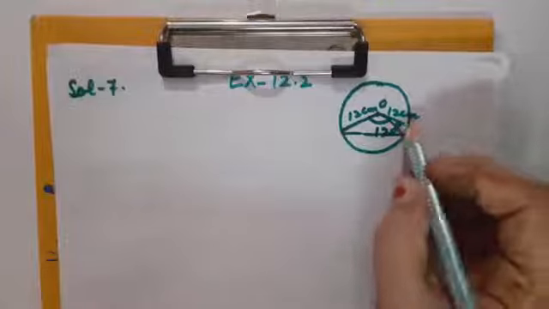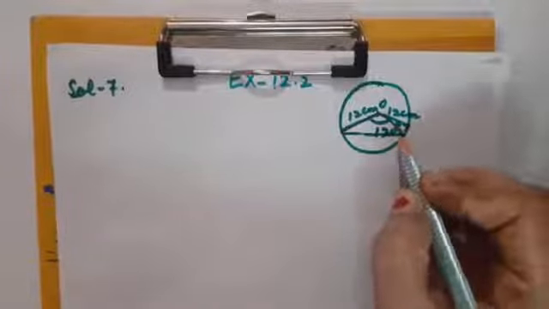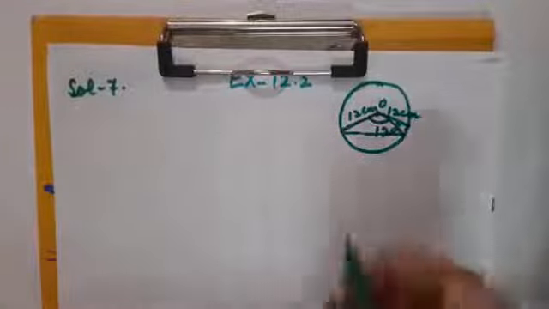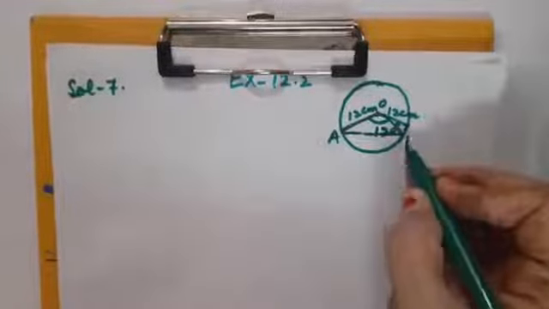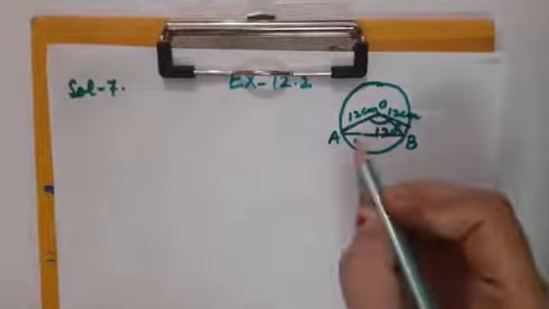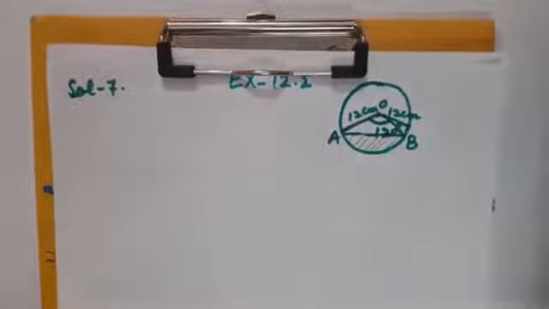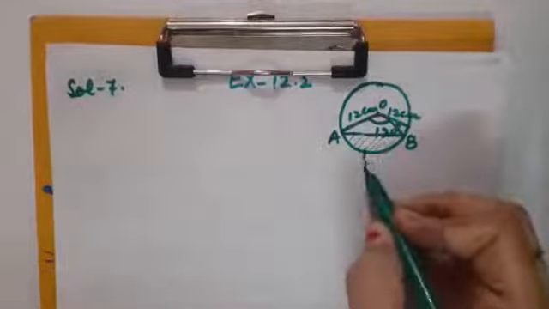Though this is also there, you are not going to take it. Don't consider it. Here I am going to give the name, that is OAB. So the angle is of 120 degree, and we are going to calculate the area of the corresponding segment. Here you can give the name also, P.